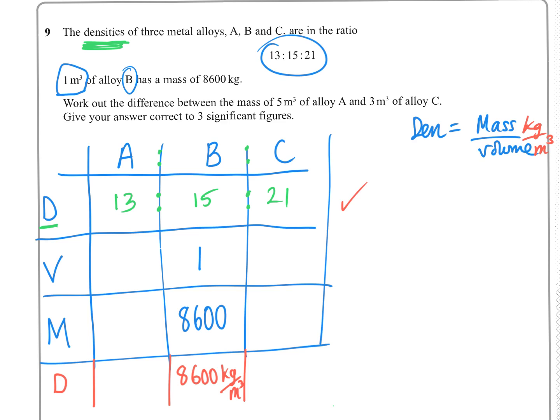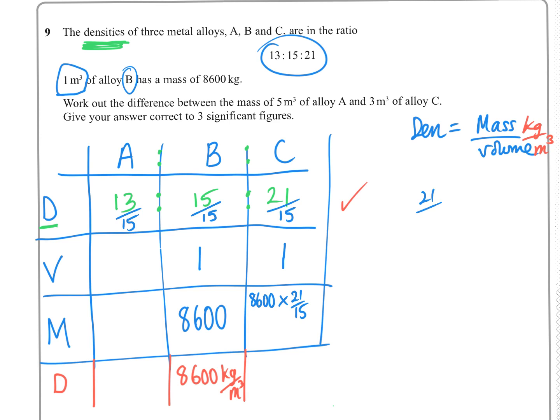The next thing I would do, this is just my preferred way, is I would divide this one here by 15 and then do the same in proportion to all of the others. And then if I wanted to find the density for the volume of 1 meter cube of alloy C, for example, I would just do 8,600 times 21/15.